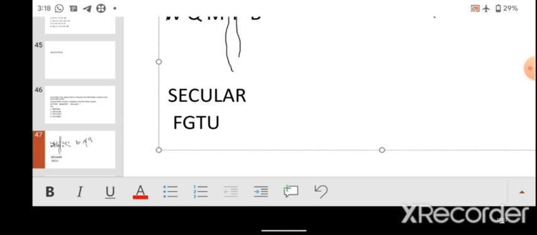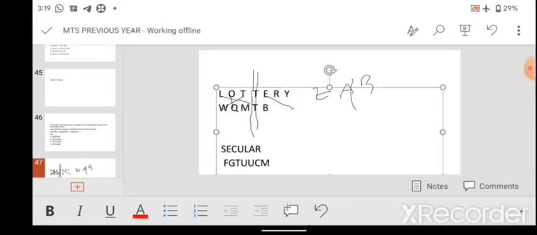Then R, that is 3 increase: S, T, U. Then A will increase 2, that is C, and L will increase by 1, M. So F, G, T, U, U, C, M. That is our correct answer. Next question.